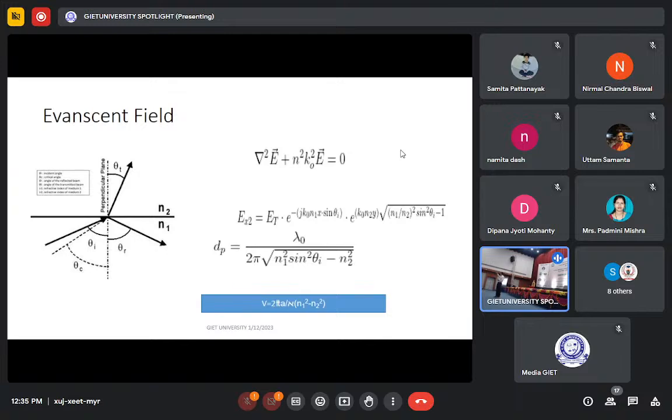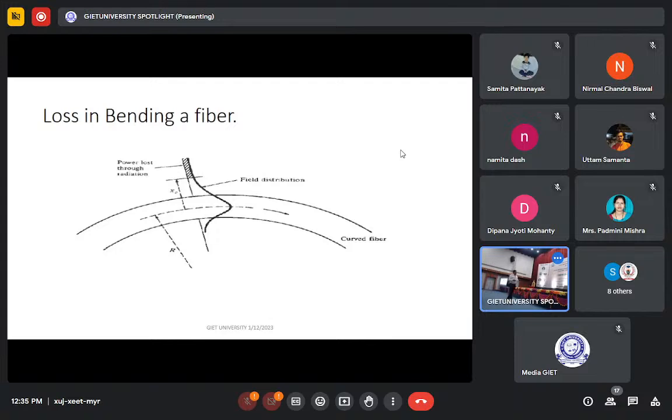Therefore, if you go on decreasing the radius of the core, the number of modes propagating in the fiber will go on decreasing, and a situation will come where only a single mode will propagate, which we call a single mode fiber. So when you design an optical fiber absorption sensor, preferably use a single mode fiber. But sometimes you can also use plastic fiber with some changes.